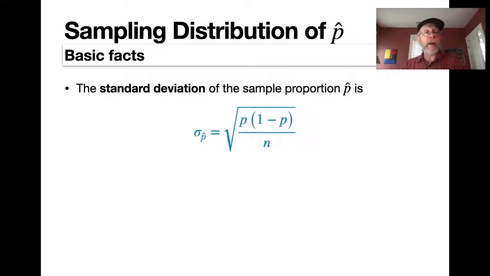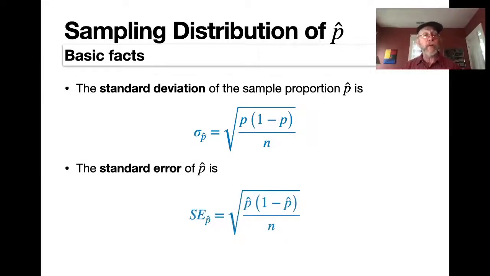We can also think about the standard deviation of the sample proportion. And that's given by this formula here. The standard deviation of p hat is the square root of the quantity p times 1 minus p, over n. You'll notice the standard deviation here depends on p, the population proportion, which is usually unknown. So we'll usually have to estimate the standard deviation by the standard error.